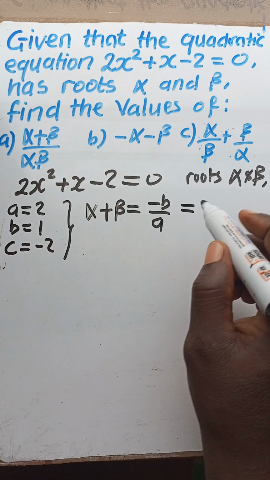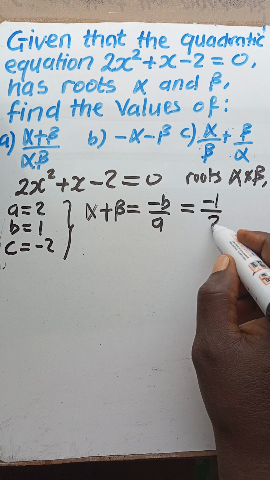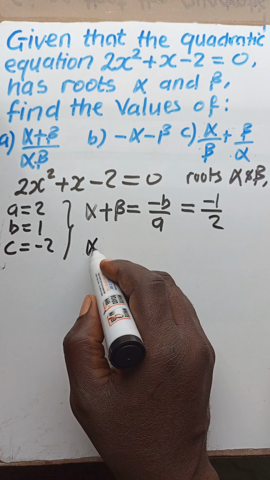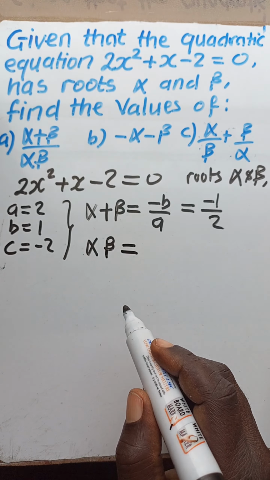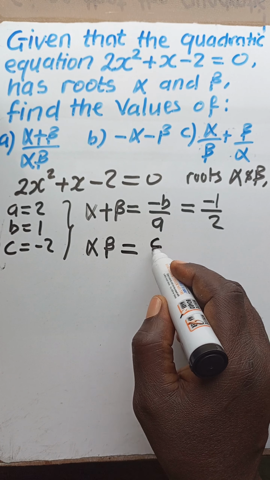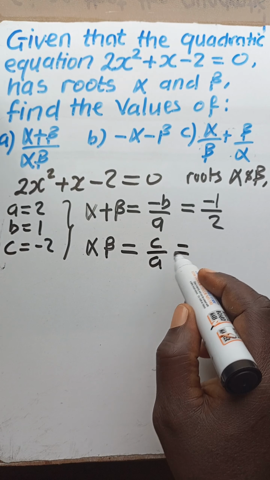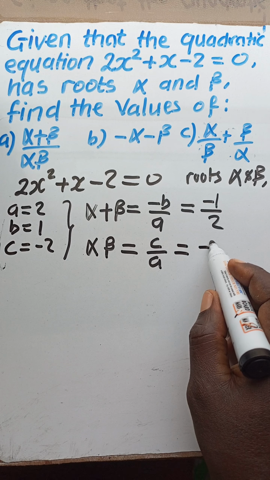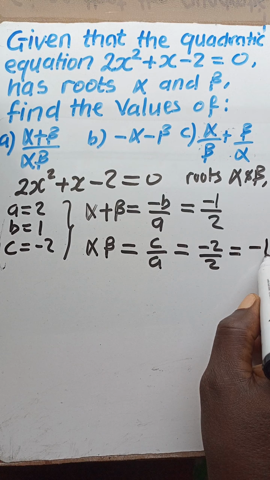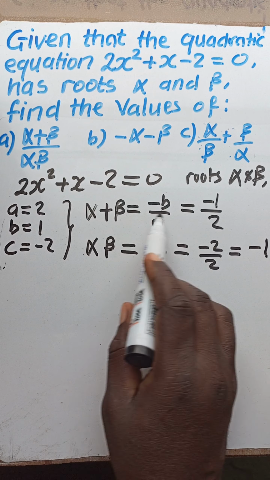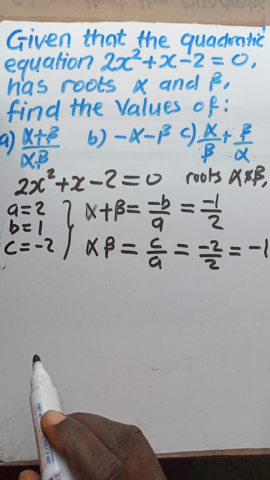So this should be -1/2. We also know the product of roots. When we multiply the two roots, we are expected to have c/a. So this is -2/2, which is -1. We know the sum of roots and we now know the product of roots.